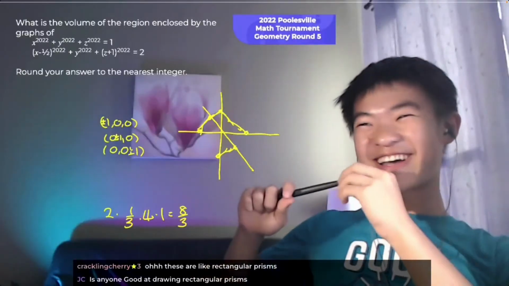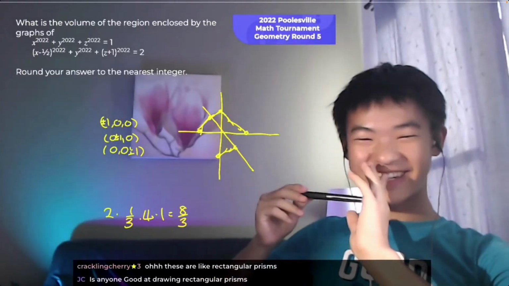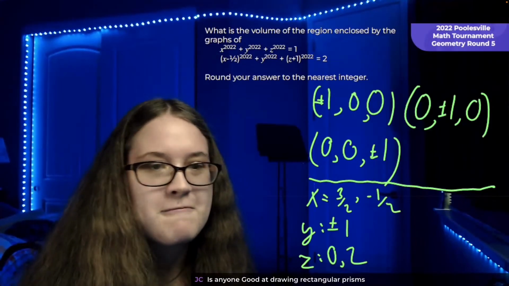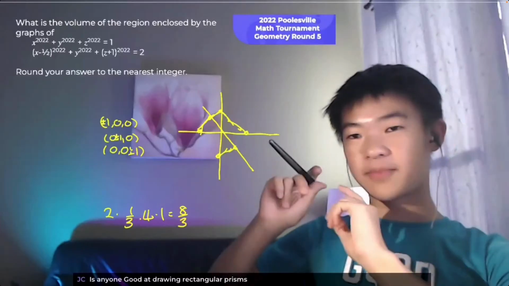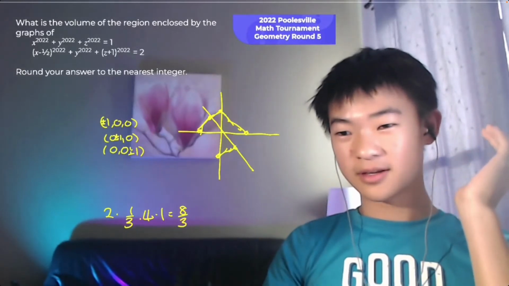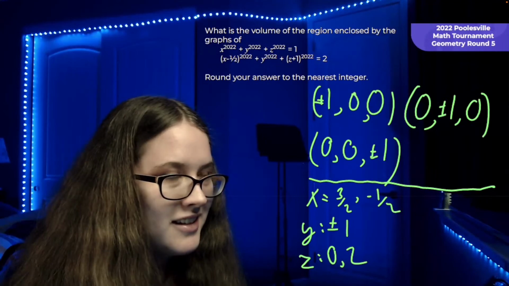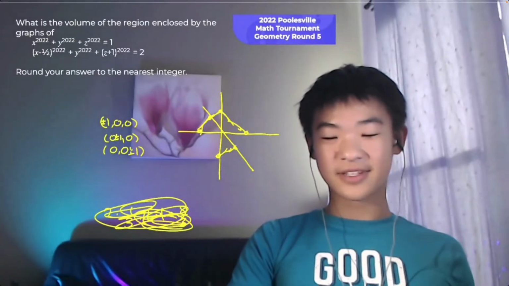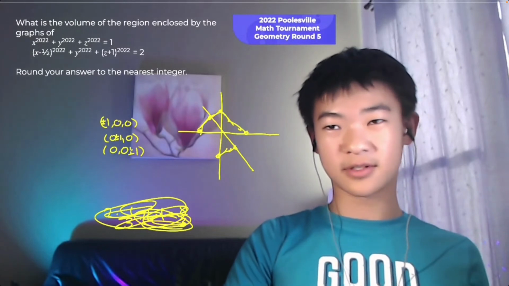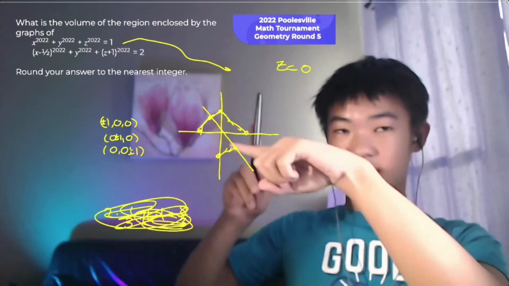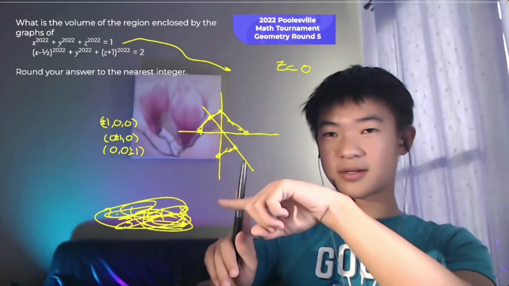Wait, actually, I have a slight objection. I'm not sure if I'm correct, but I will take any objection. I'm thinking the figure might be more of like an octahedron, possibly. Because, okay, this is random scratch work, but suppose that for this first equation, if z is 0, then we get a two-dimensional plane.